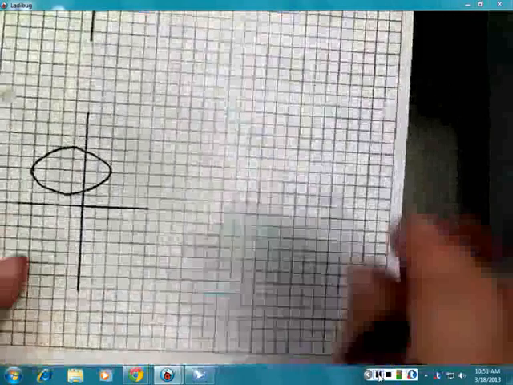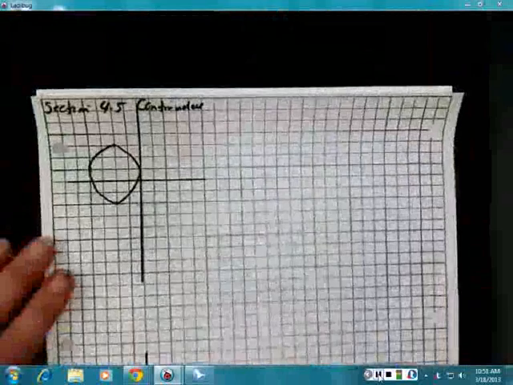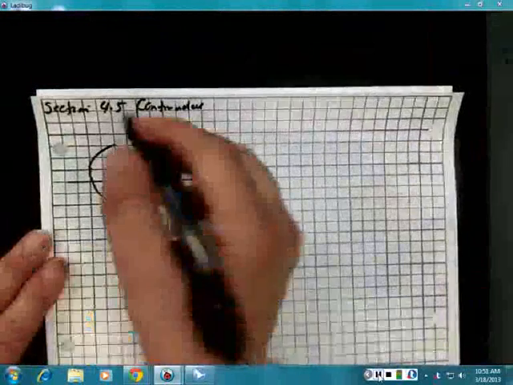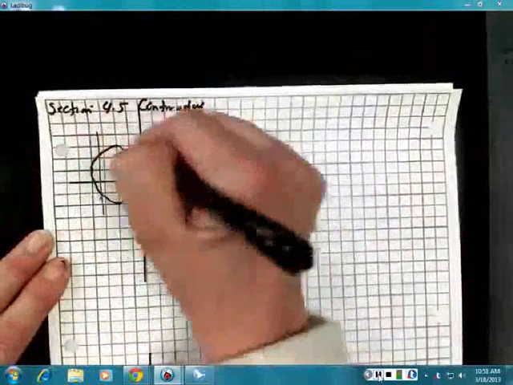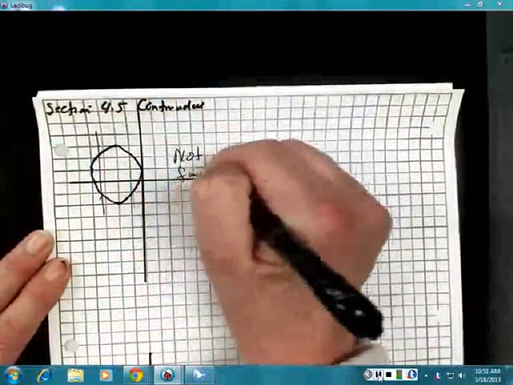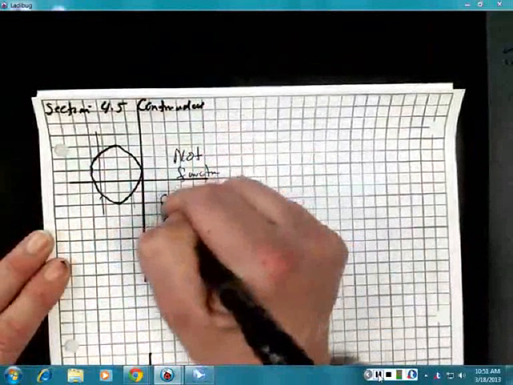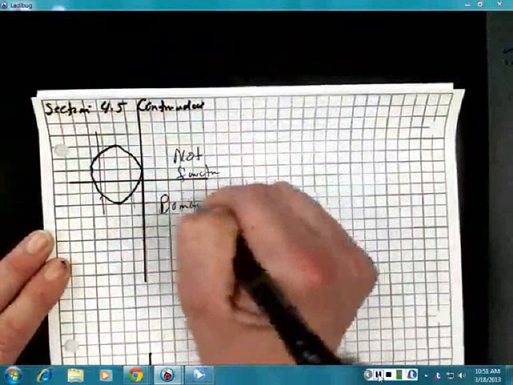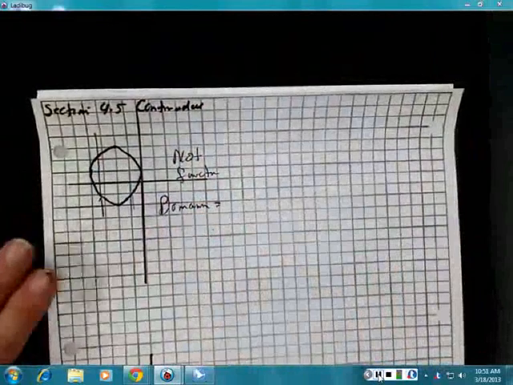Then the circles. Finally, we're getting to where we're talking about something that you asked about. If you've got a circle, is it a function? No. If I do my vertical line test, it's touching in certain spots, so it is not a function. But what is its range or domain? What would its domain be?